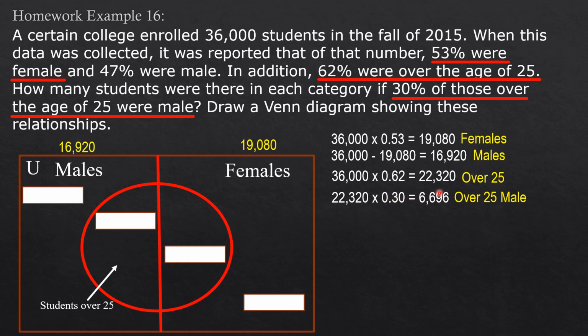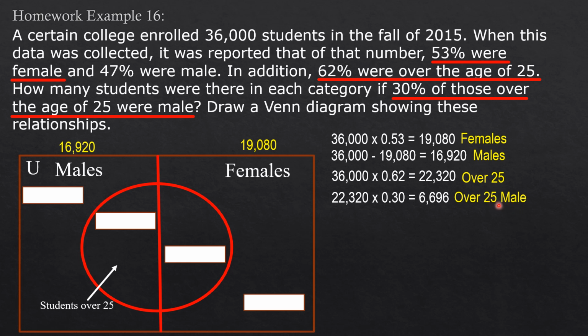I took 22,320. I multiplied it by 0.30, which is 30%. I got 6,696. And that represents the people that are over 25 that are male.